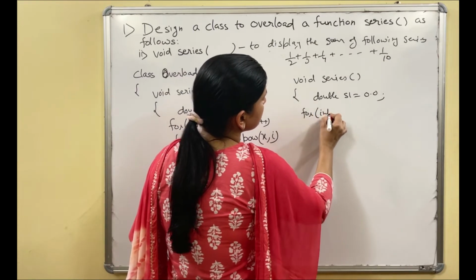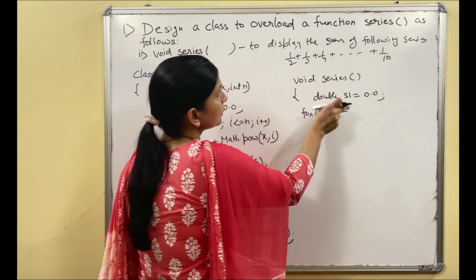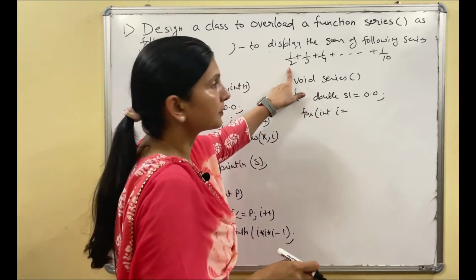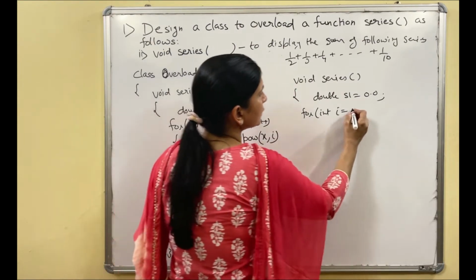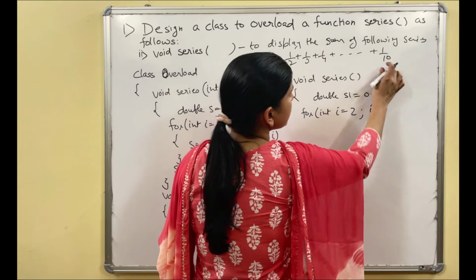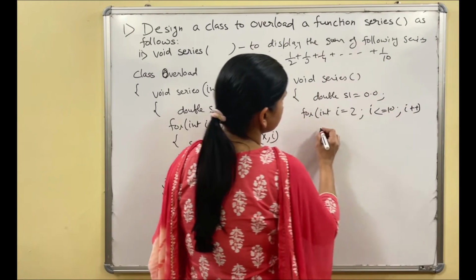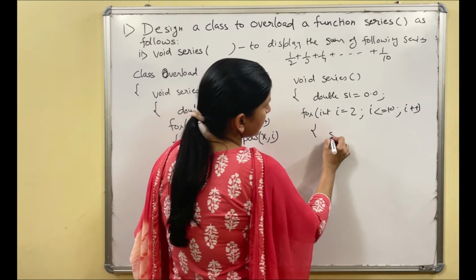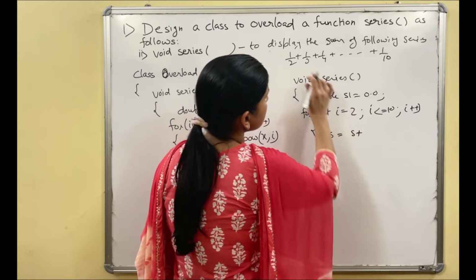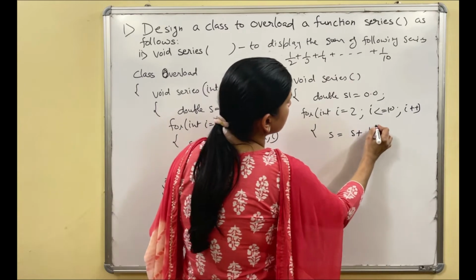For int i equals 2, i less than equals 10, i plus plus, and in that s equals s plus 1 by i.